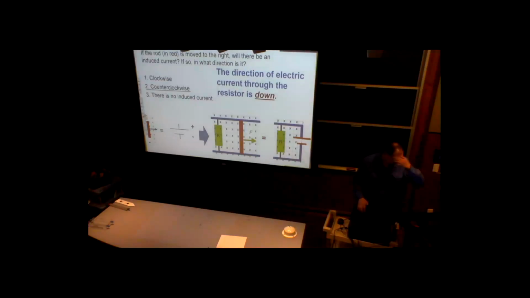That's what we call counterclockwise current in the circuit, or down to the battery, right? So again, this is just a kind of review of a terminology we use. But sometimes if we read the problem about a current through something, we need to know the terminology.